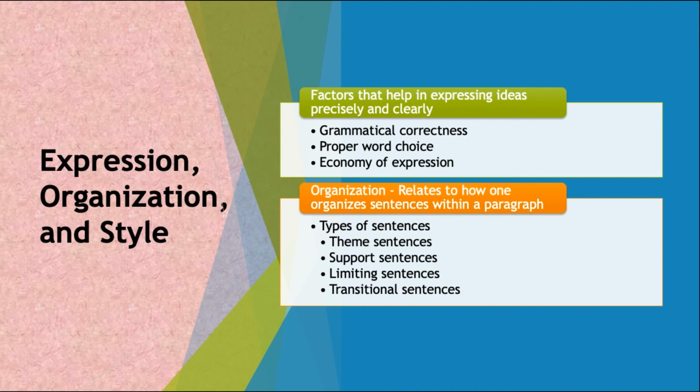Unity is disrupted when you stray from the point. The fourth, use a complete sequence of limiting or supporting sentences. That is, if you have something positive to say about a topic, list all positive elements before turning to a negative.